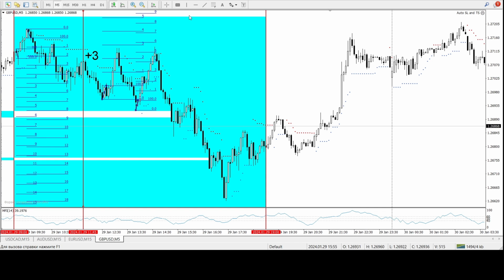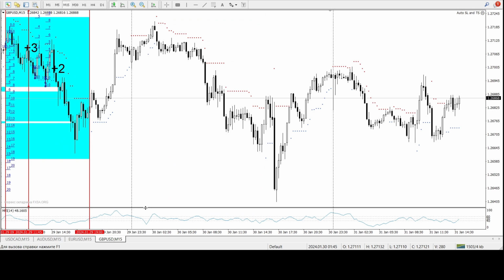Well, somewhere around 1 to 2, plus 2. And the price, of course, is deeply down along the M15.